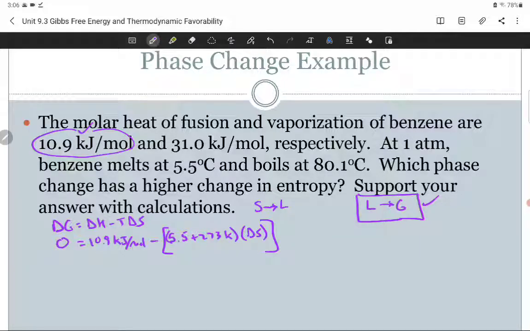On this one over here, we still have the same delta G equals delta H minus T delta S. Delta G is still 0 because it's a phase change, but now we're going to be using these numbers instead.